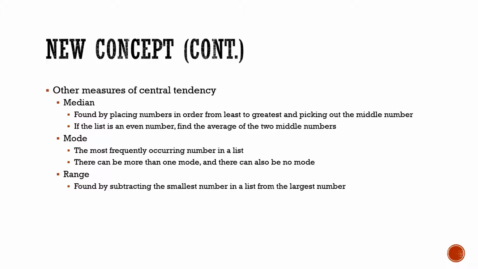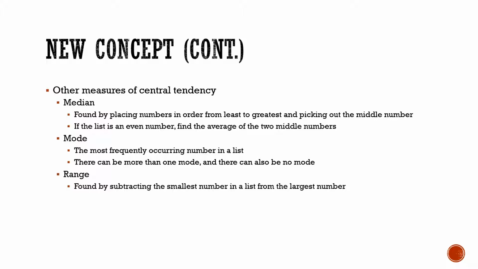How you use these numbers would depend on what you're trying to figure out. Say in our class, we want to know on average how well everyone did on a certain test. For that one, we'd probably want to use our average, because we want to know what the average score everyone got on the test was.